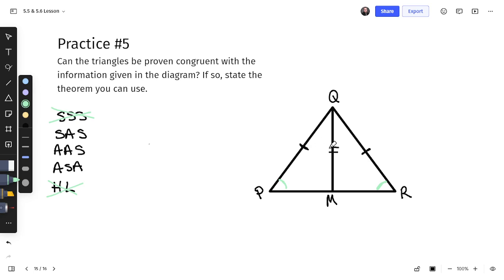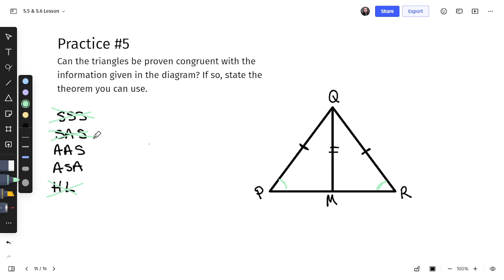Well, if we were going to use side, angle, side, then we would have to know that the included angle between our congruent sides was also congruent. We don't know anything about these two angles at the top of these triangles, so we cannot use side, angle, side. We also don't know two angles.